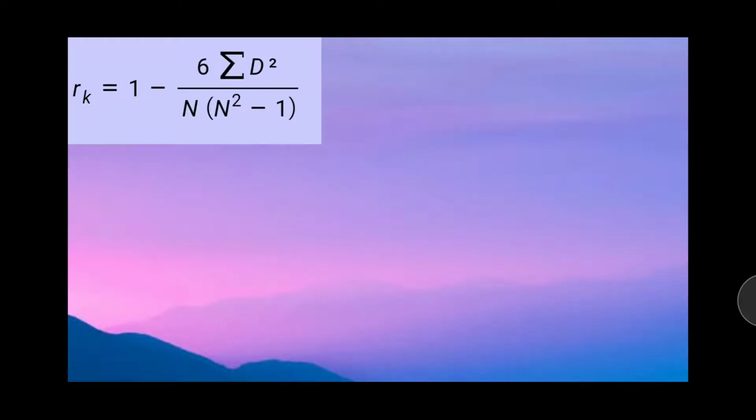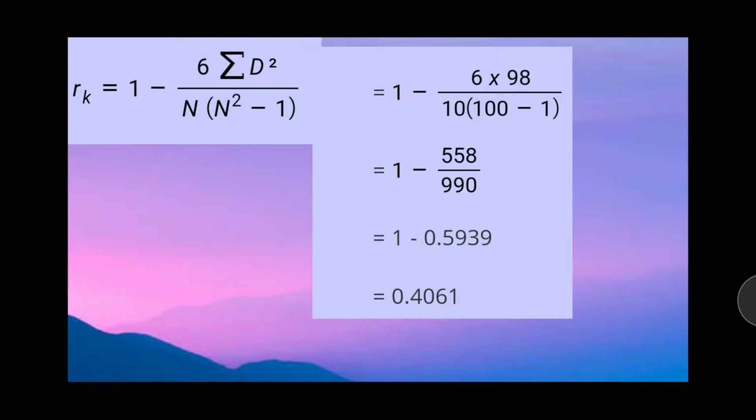Now let's see how we apply that to solve. This is the formula that you need to commit to memory to get our correlation coefficient, Spearman's rank correlation coefficient. That's the formula you are seeing on the screen. We already know all the things that appear in that formula: 1 minus 6 times the summation of D squared over N times N squared minus 1, where the summation is 98 and our N is 10.